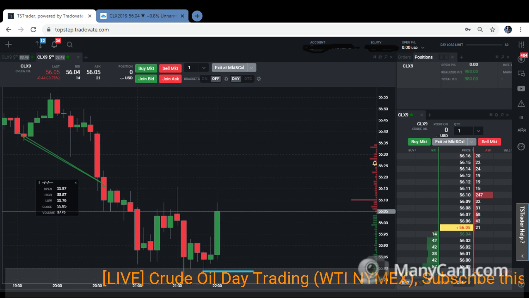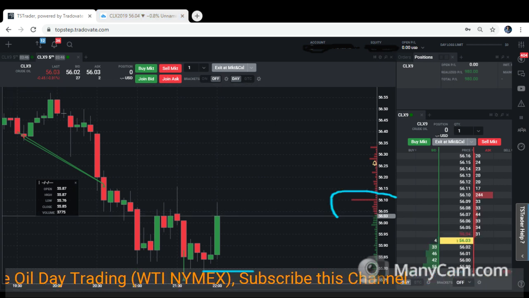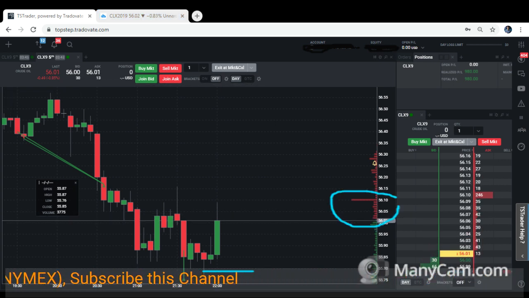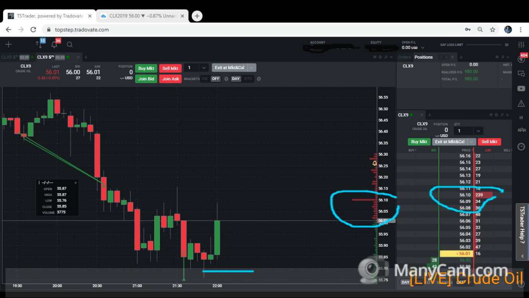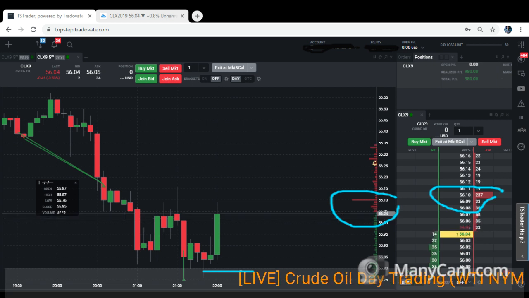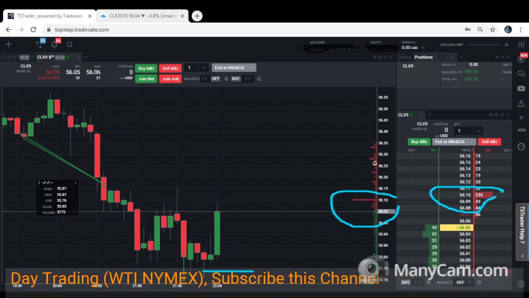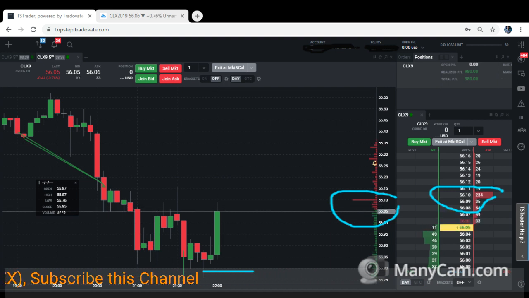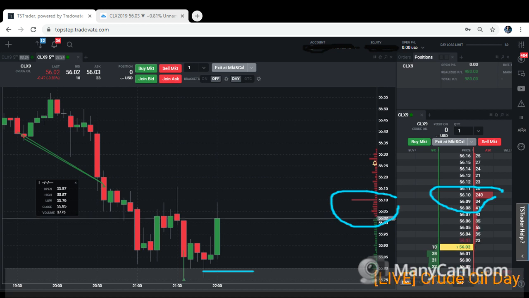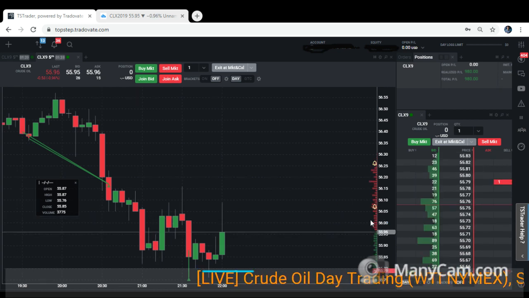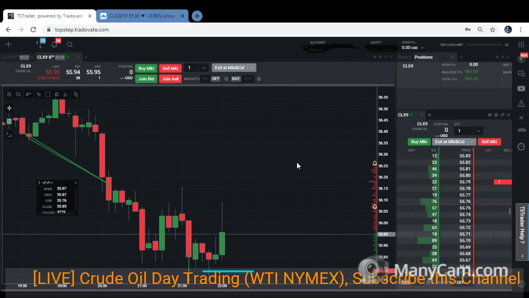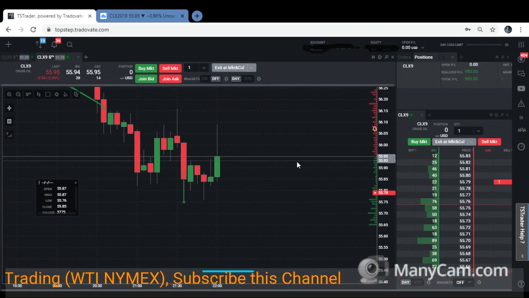There's a large volume detected somewhere around 56.10, which is not really good. This is our stop loss from the first signal. Still waiting for the second signal to be triggered at 55.79.